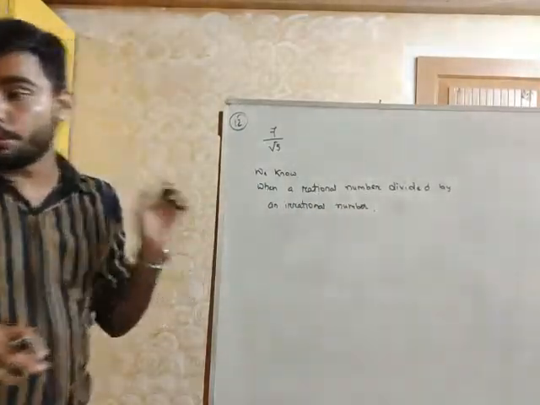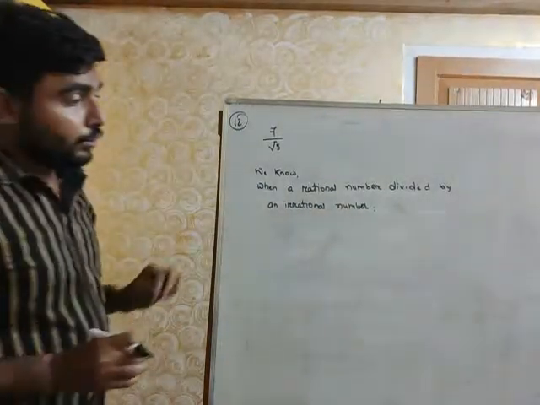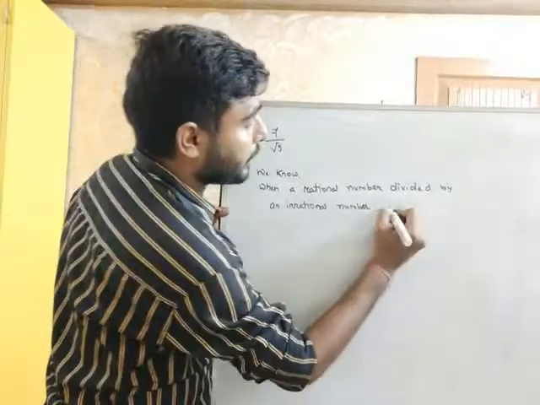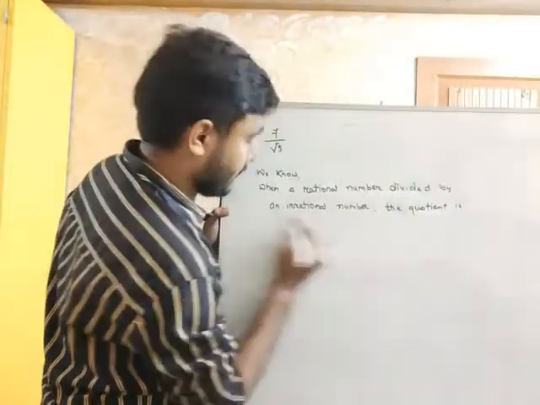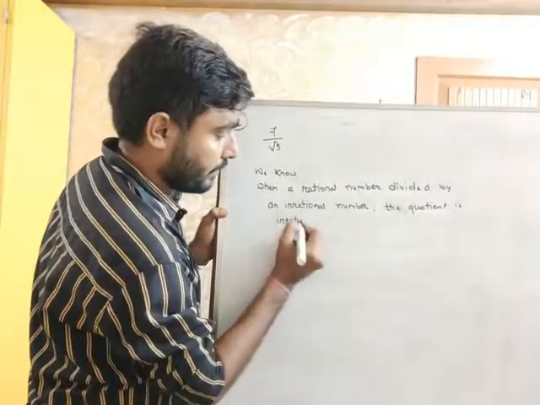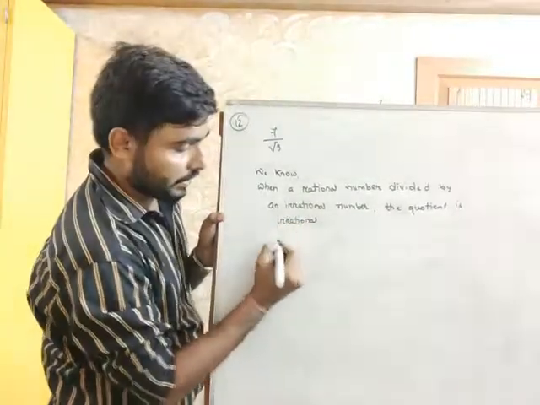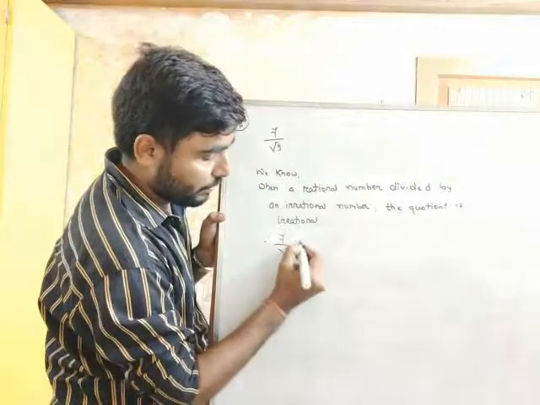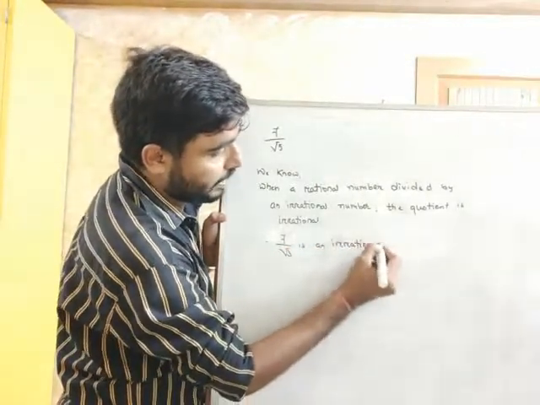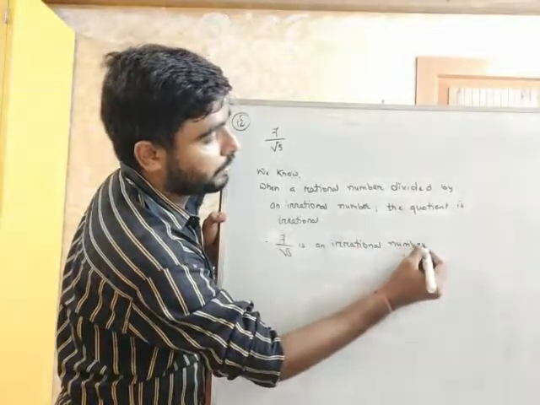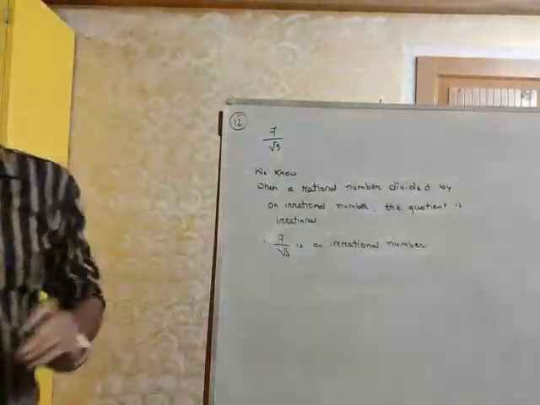The statement will be more proper if we write: when a rational number is divided by an irrational number, the quotient is irrational. Therefore, 7 by root 5 is an irrational number. Clear, everyone?